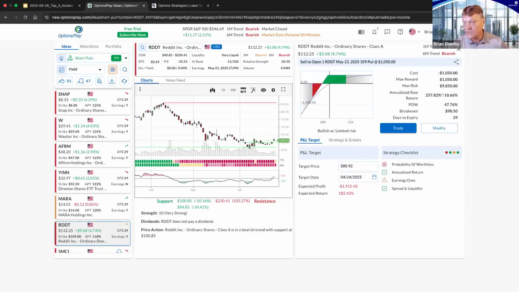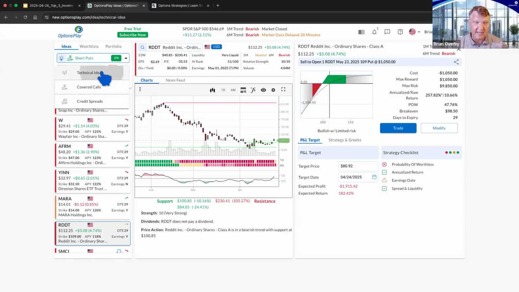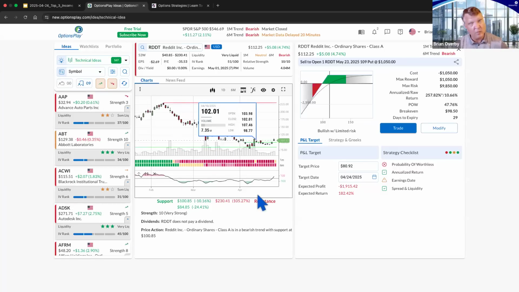John, can OptionsPlay help me put together a list of stocks desirable to own? First of all, we do have a technical analysis sort right here, and it usually defaults to that, and that will help you with that. But check out Tony's event. That is more based on stocks than on options. The daily play, we're grabbing stocks from the research report, but every Monday, Tony is putting together a watch list of stocks that he thinks are good and bad.